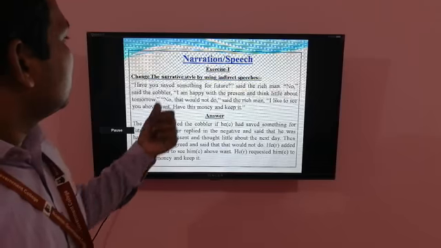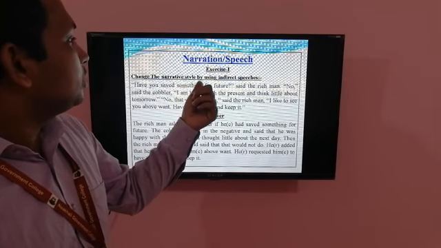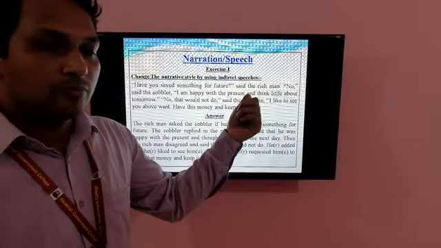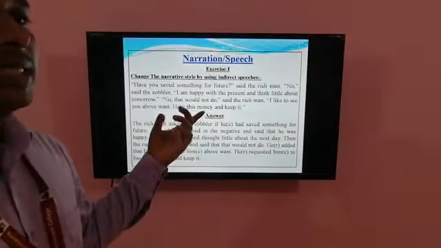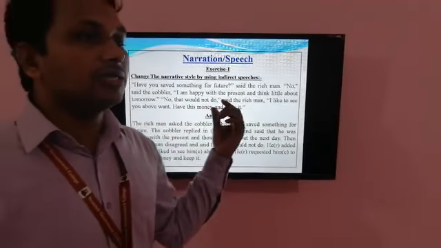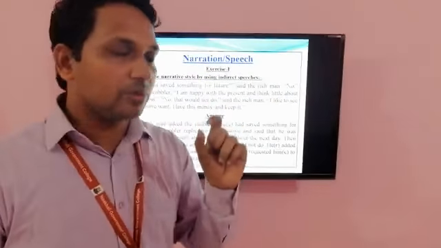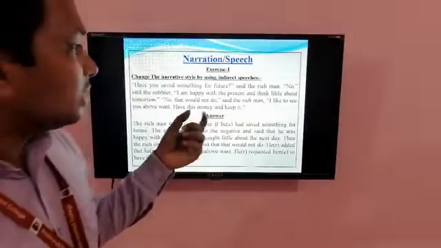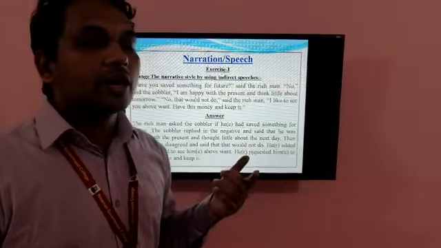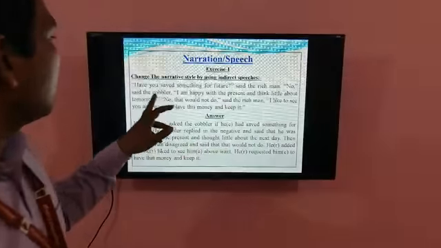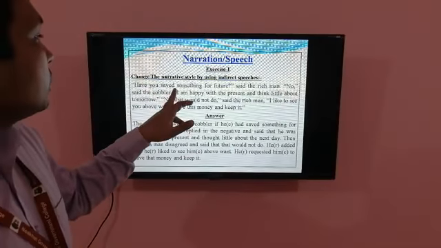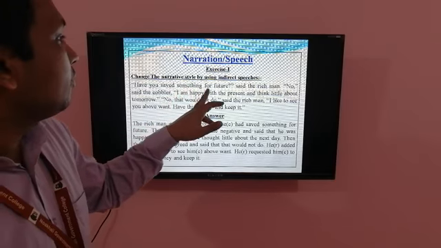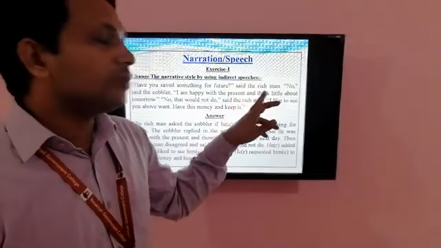Exercise number 1: change the narrative style by using indirect speeches. So your questions will be set like this. You will find this type of question in your question paper, and let's see how we will write in our script. "Have you saved something for future?" said the rich man.